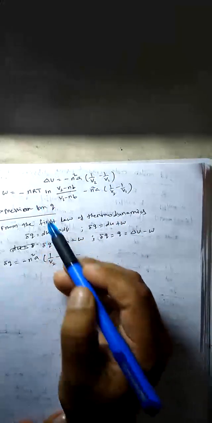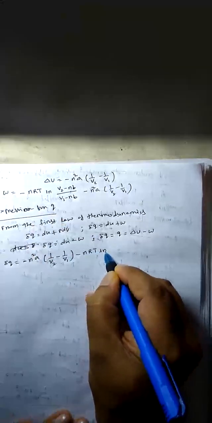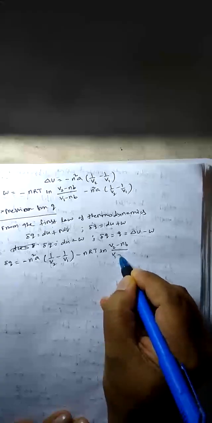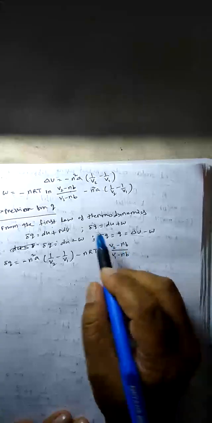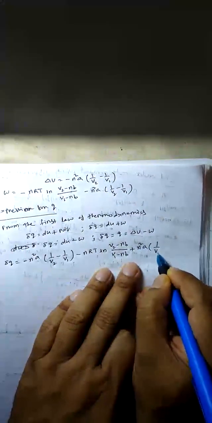Then W is this one, and minus of W, minus minus plus, becomes plus nRT ln (V2 minus nB) divided by (V1 minus nB), plus n square A (1 by V2 minus 1 by V1). Here you see minus n square A (1 by V2 minus 1 by V1) and plus n square A (1 by V2 minus 1 by V1), so it is cancelled.